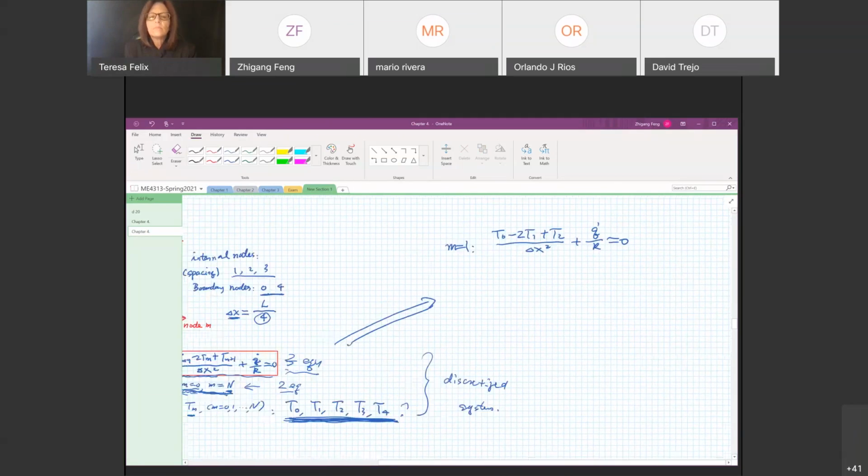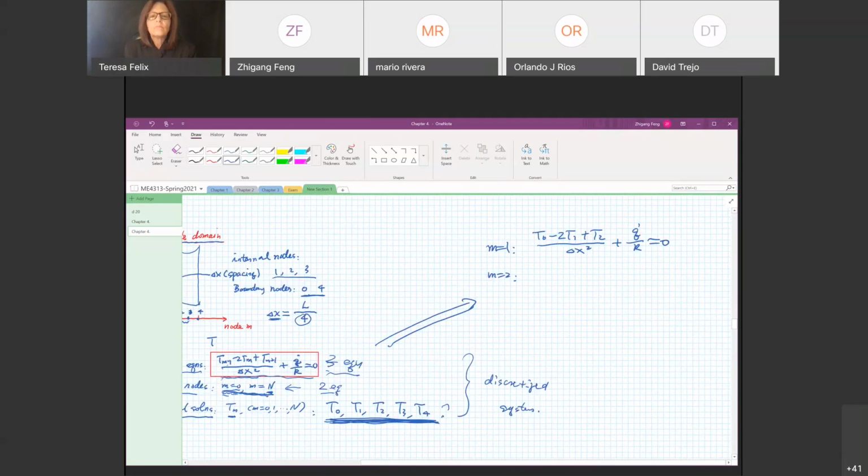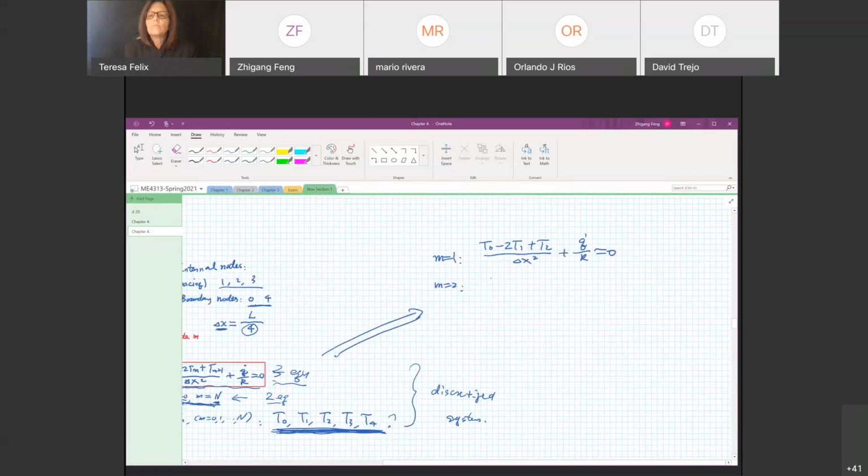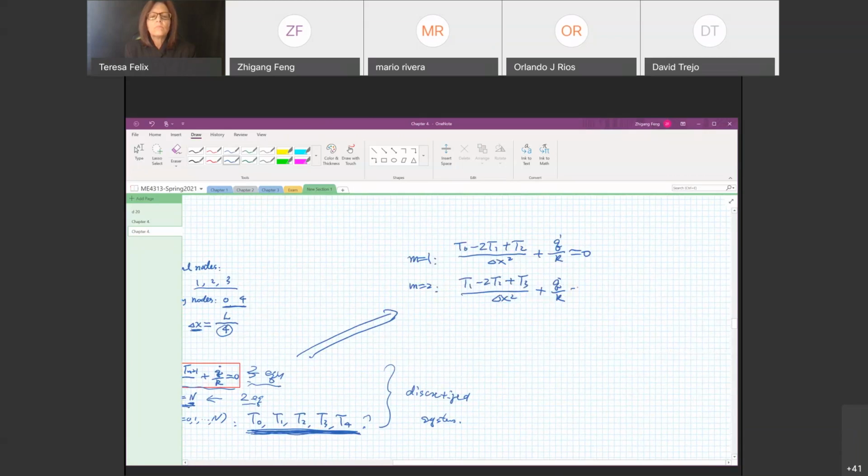And when m equal to 2, 2 minus 1 will become 1. So I have T1 minus 2T2 plus T3 over Δx squared plus q dot over k equal to 0. And m equal to 3, I have T2 minus 2T3 plus T4 divided by Δx squared plus q dot over k equal to 0. So exactly we have 3 equations for the internal node.